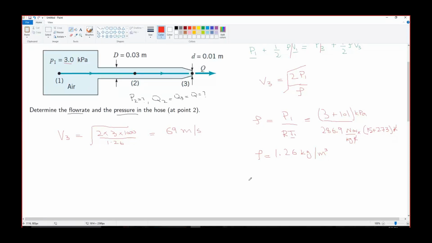Clear? So we can calculate the flow rate easily now. Q, which would be equal to Q3 or Q2, should be equal to area of 3 into velocity. Area at point 3 would be equal to pi d square by 4, pi multiplied by d, which is 0.01, square, divided by 4 multiplied by 69.